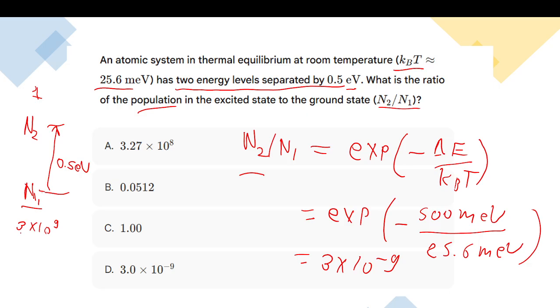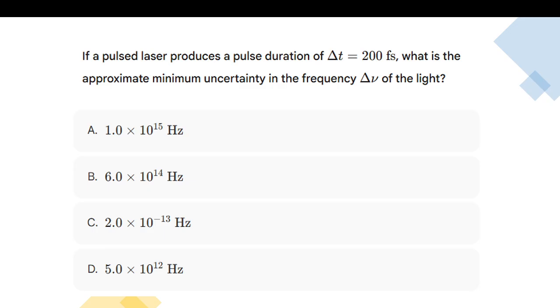There will be a huge number of electrons in the ground state, and there will be one electron in the excited state. This is the probability of that population ratio, and you can see the n2 by n1 will be 3 into 10 to the power minus 9. Okay, so the correct answer is this one.